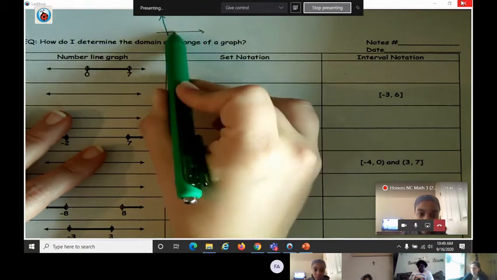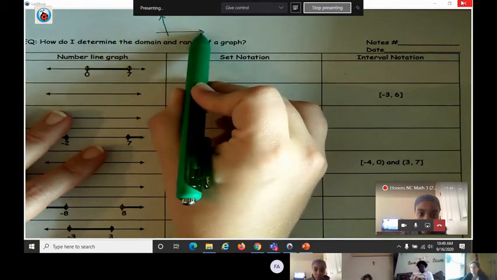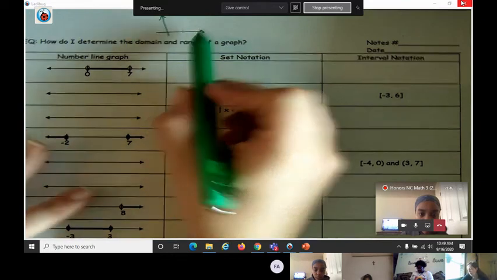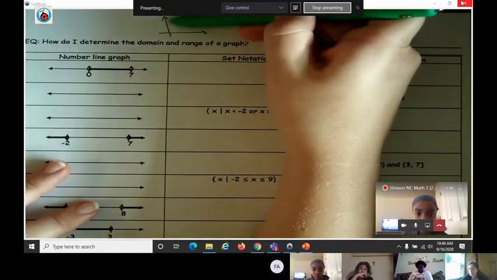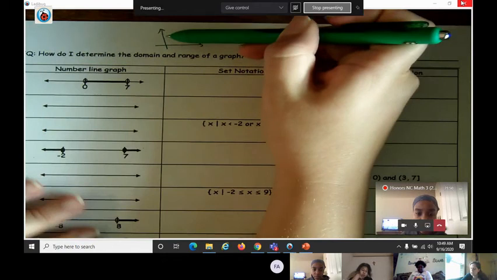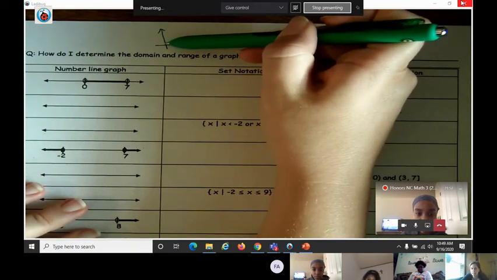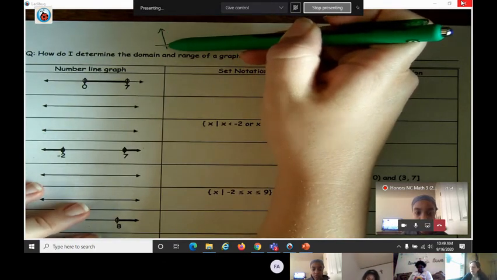So the x-axis is basically a number line. And then we're looking at the y-axis itself for the range. And so we're considering the y-axis as a number line, essentially.